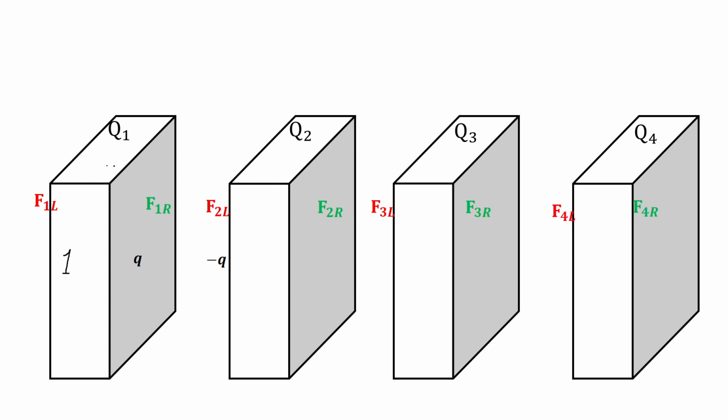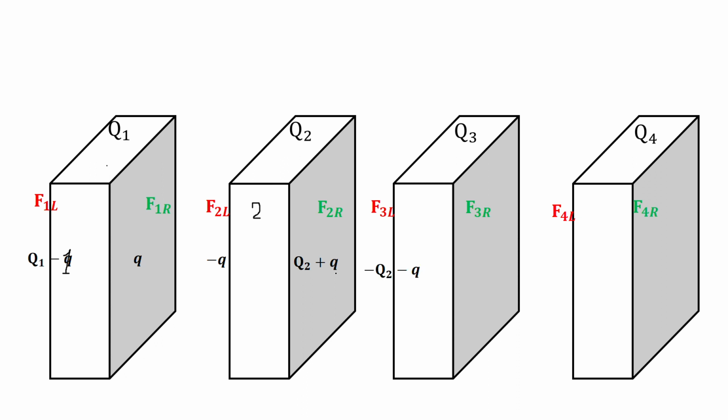So on the left face the charge that will appear is Q1 minus Q, so that the total charge remains Q1. Similarly on the second conductor, the net charge has to be Q2 because initially it was given a charge Q2 and it is an isolated conductor. So on the right face F2R it should be Q2 plus Q.